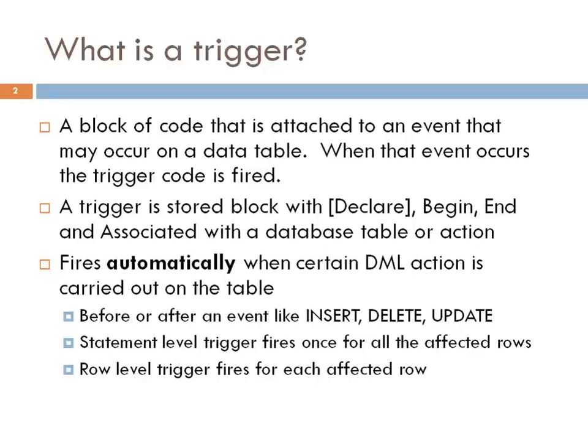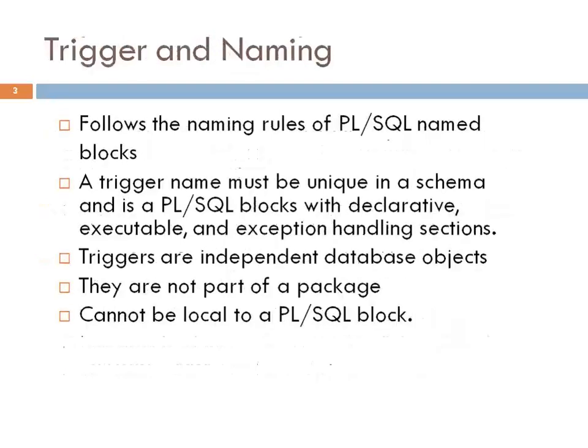But if the trigger is a row level trigger, then every row will be updated individually. That means the row level trigger will be fired 15 times, once for every affected row.